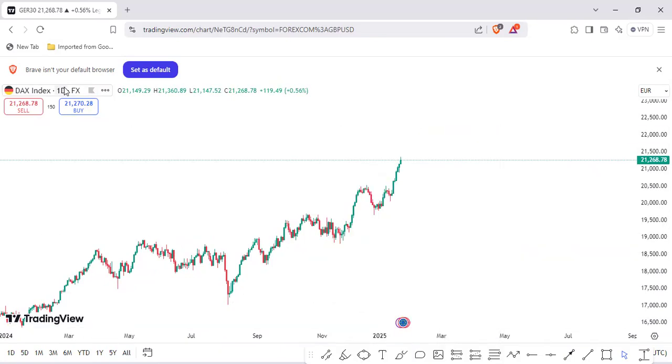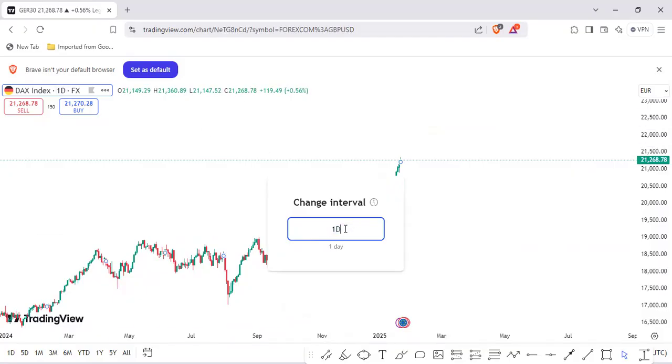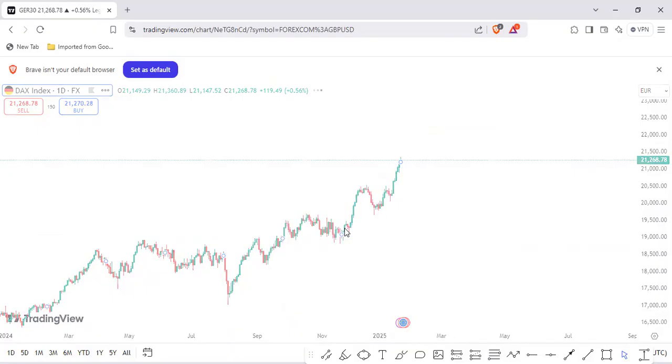Delete. And as you all know, I will head over to my monthly time frame to see the overall trend. First and foremost, let's head over to monthly time frame.